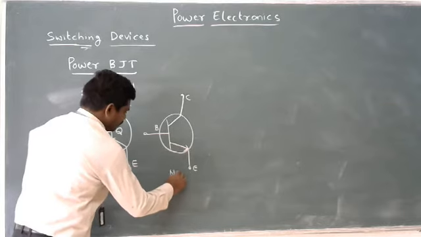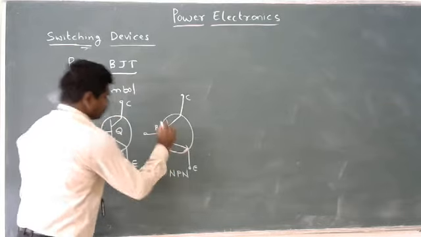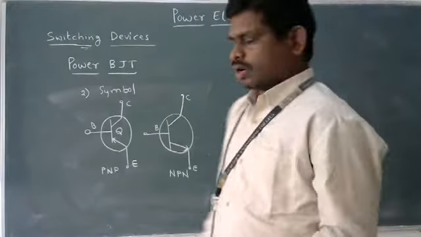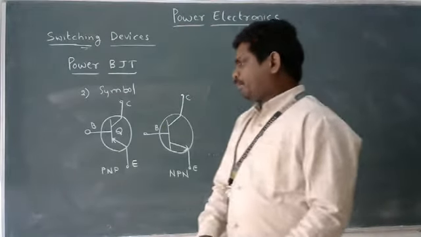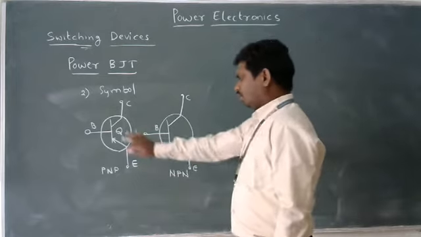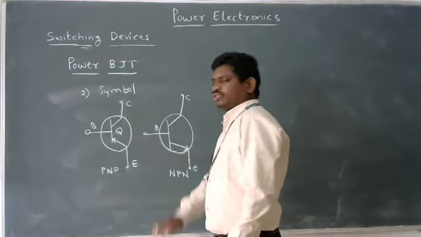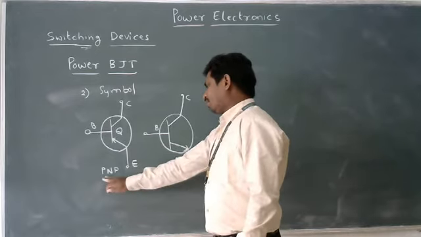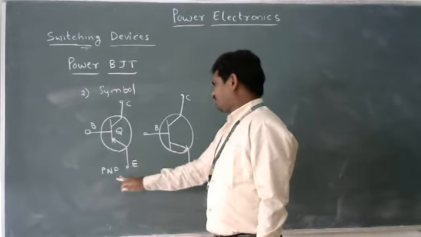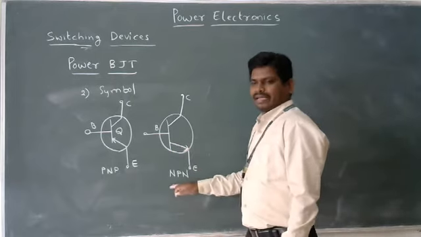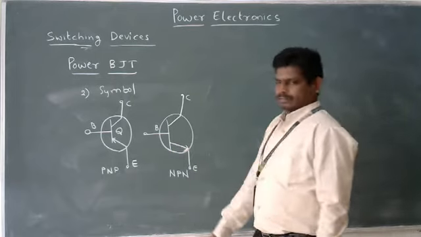This is the NPN type. How do we differentiate these two? How do we identify the type of BJT we have? See the arrow: if the arrow shows an inward direction, it is called a PNP BJT. If the arrow indicates outwards, it's called an NPN type BJT.